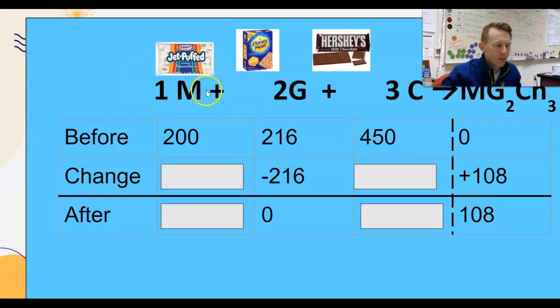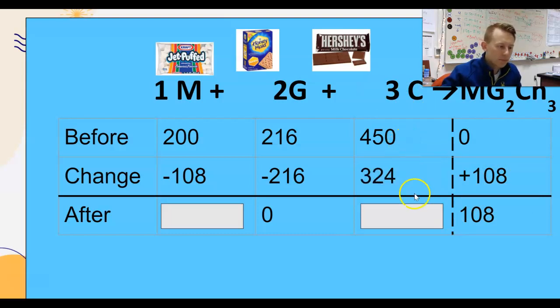I have 1 marshmallow makes 1 s'more. So if I'm making 108 s'mores, that's just 108 marshmallows. Differently though, I have 3 chocolates makes 1 s'more. So I need 3 times whatever I make for my s'mores in order to get my change for that one. So 3 times 108 gets me 324.